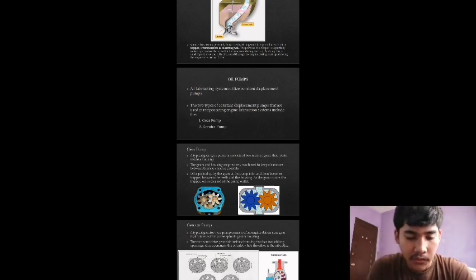Pressure relief valve. In order to ensure adequate engine lubrication, appropriate oil pressure must be maintained at all times.